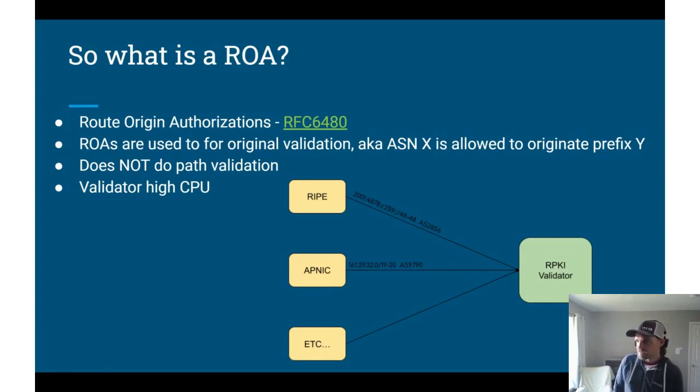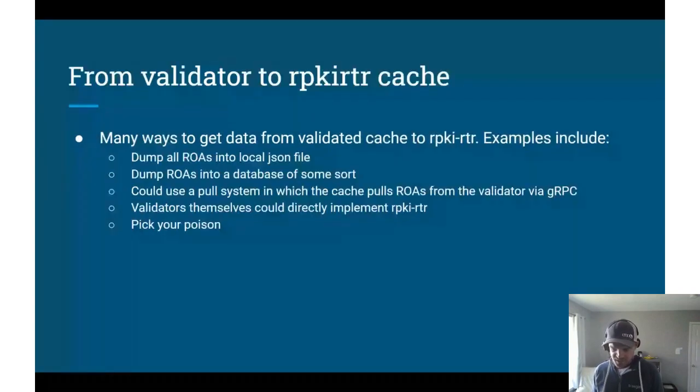So from the validator to the cache itself. In rpkirtr speak, the device that's sending the data to the routers is called the cache. This cache is going to take this validated data, which your validators have produced, and send it to your routers. How you do that is really up to you, and there's no defined way.